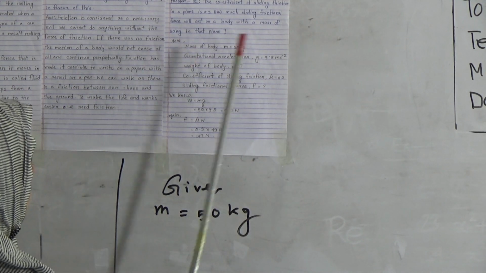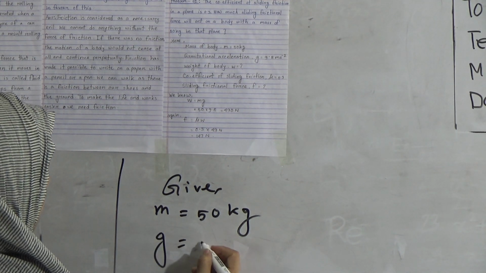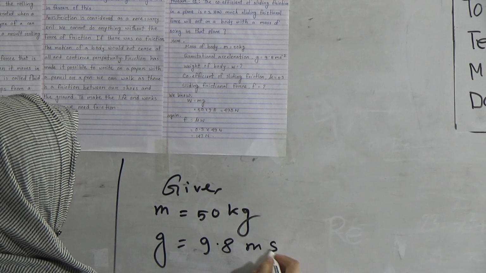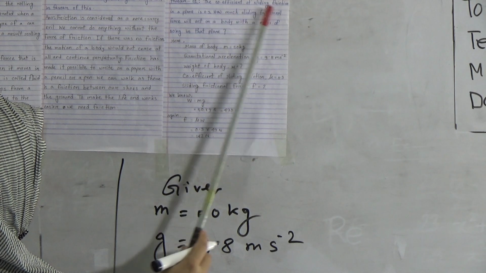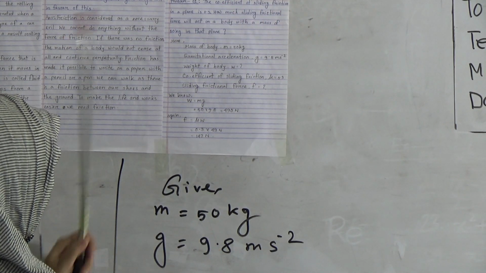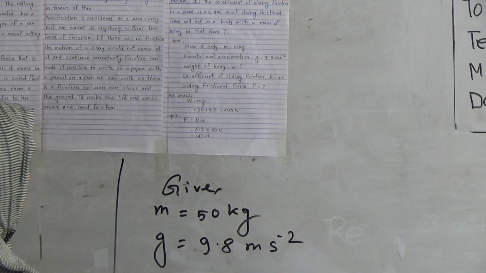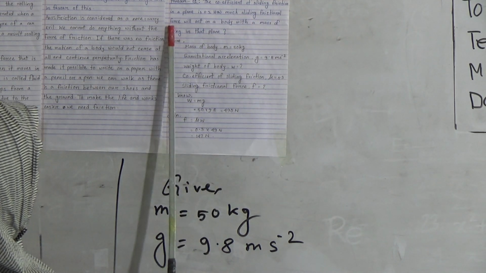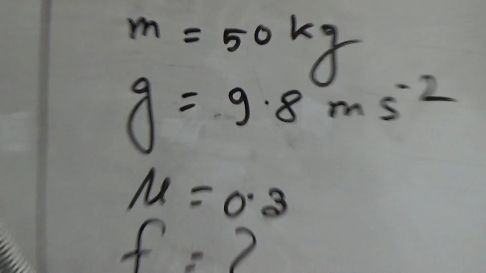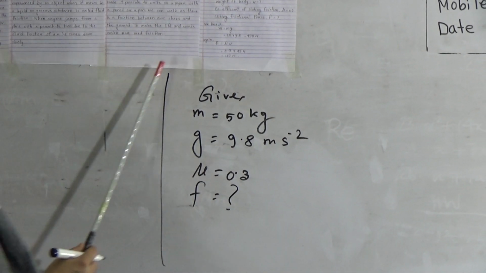We know the value of gravitational acceleration is 9.8 meter per second square. Here the coefficient of sliding friction is given: mu equals 0.3. Now we have to find out the sliding frictional force F. First we have to find the weight of the body.